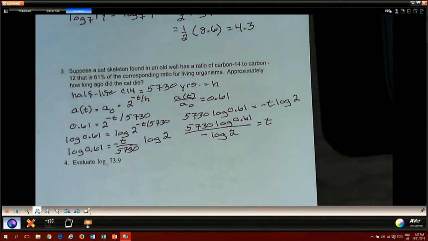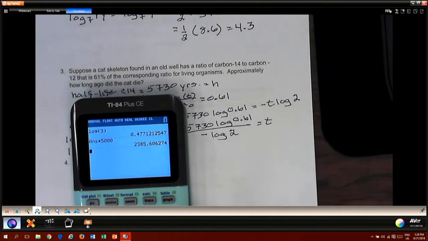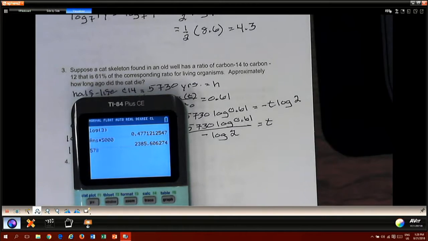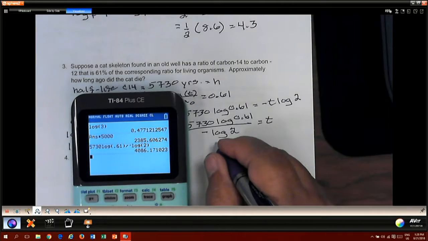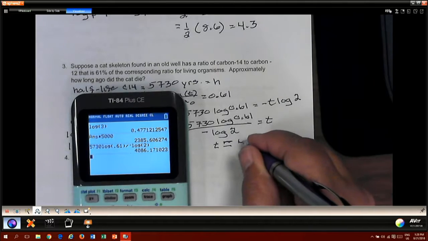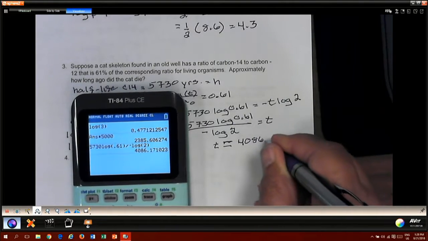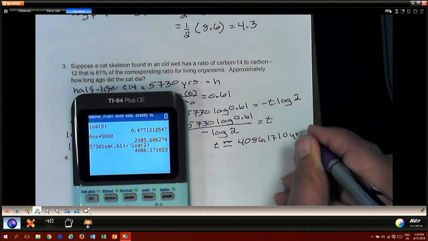So now all we have to do is put this in our calculator, and we will find out what t is. So 5,730 times the log of 0.61 divided by the negative log of 2 tells us that t is equal to 4,086.1710 years.